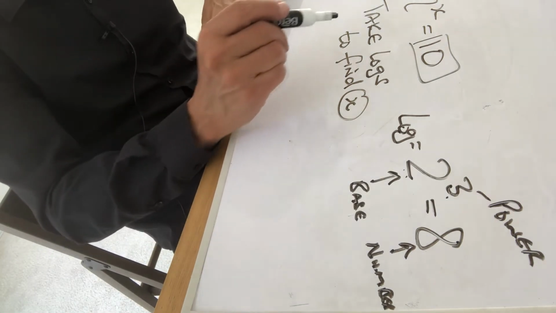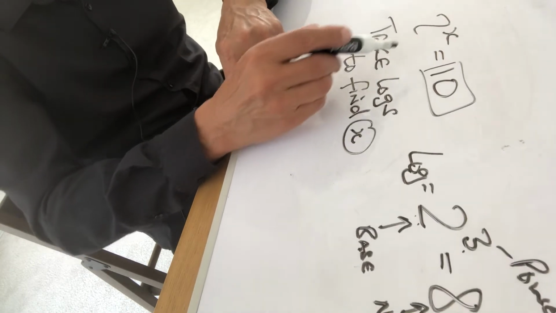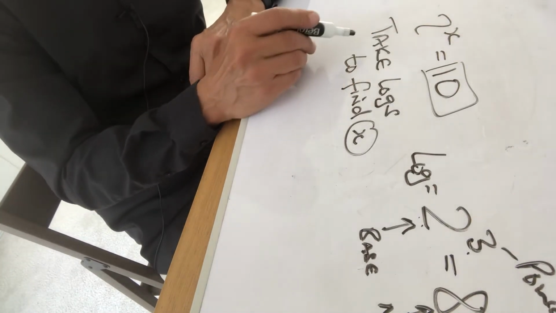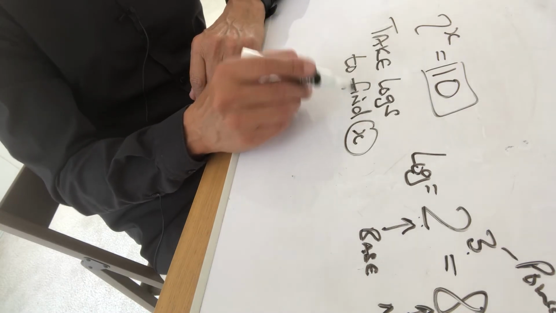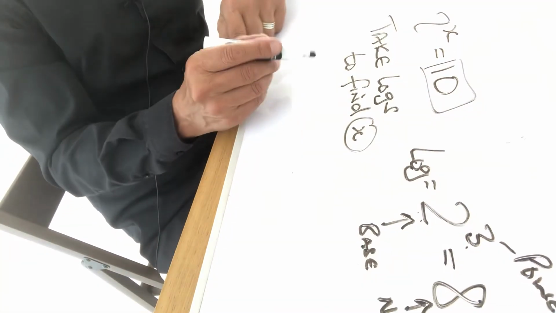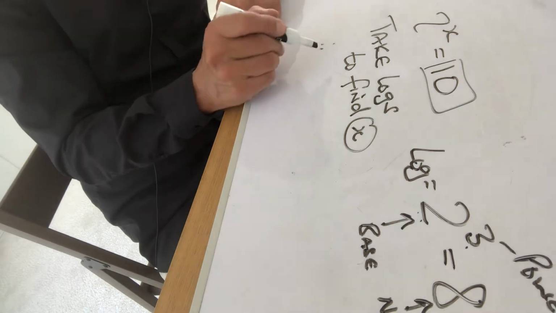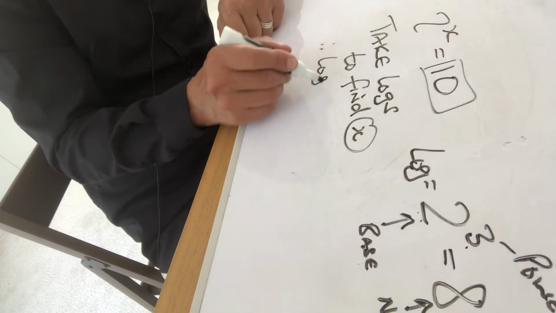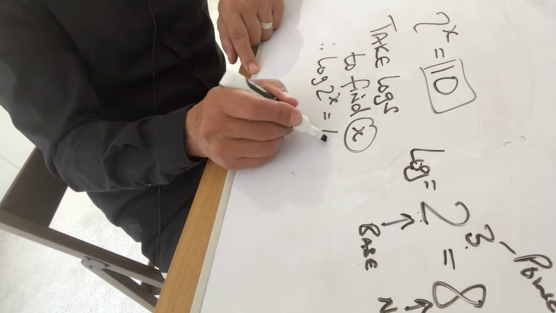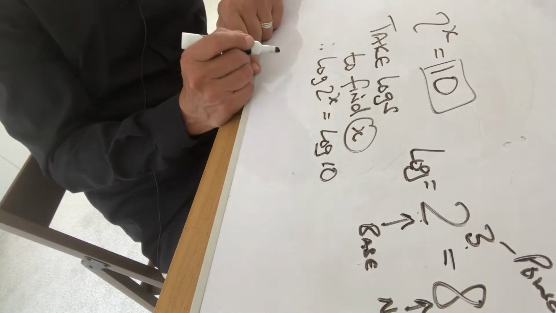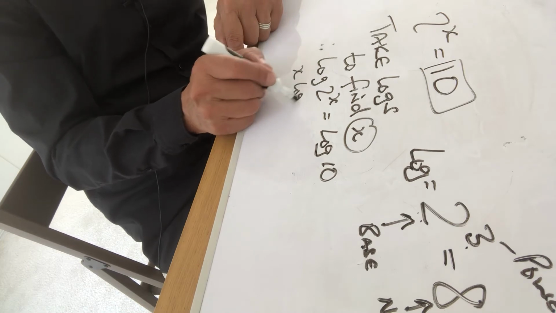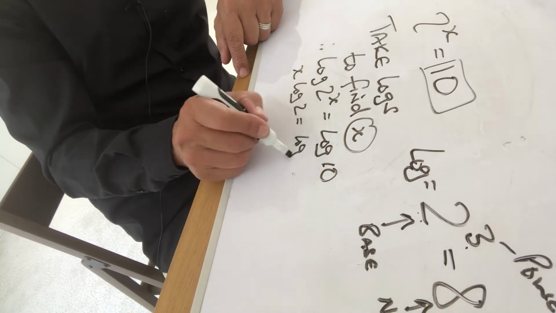So to come back to my original question, if 2 to the power of x is equal to 10, and I need to take the logs of both sides to find x, then I need to say, therefore, log 2 to the power of x is equal to log 10. By the logarithm laws, x log 2 is equal to log 10.